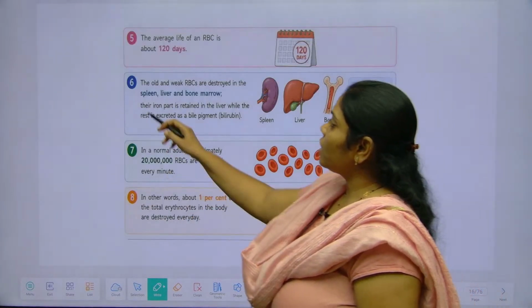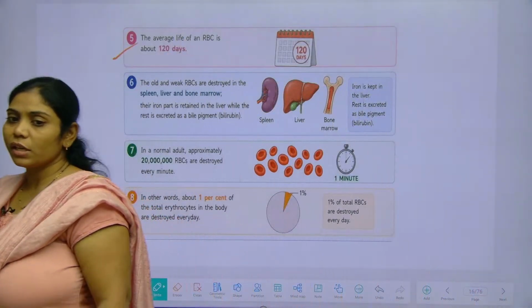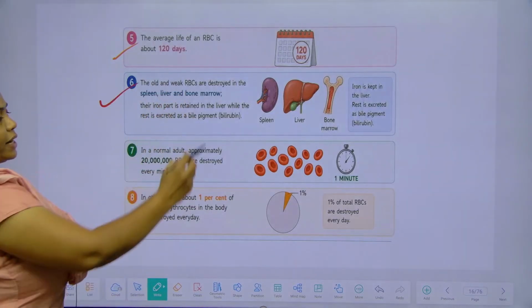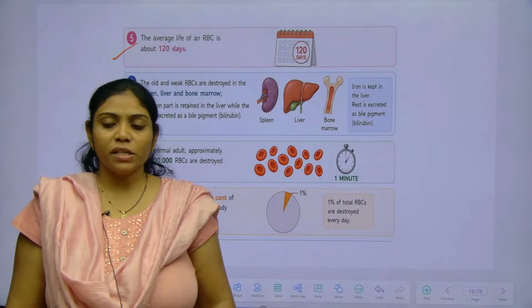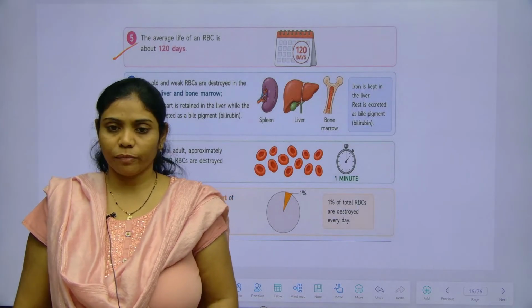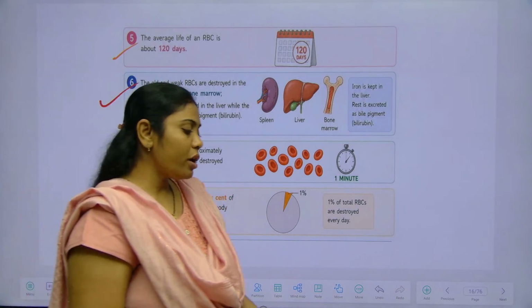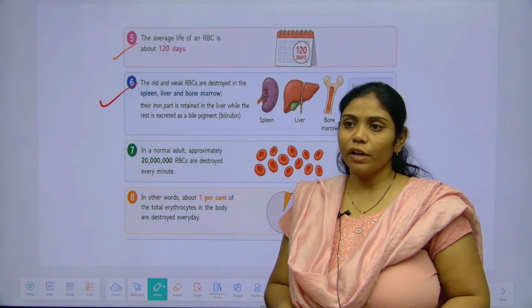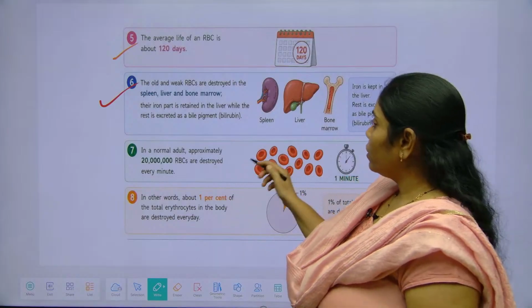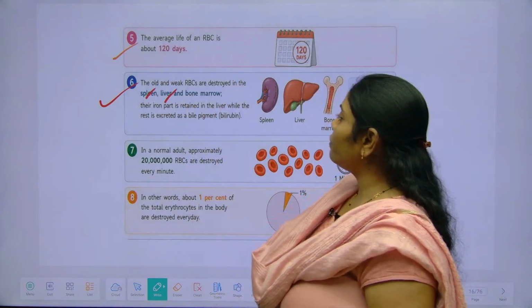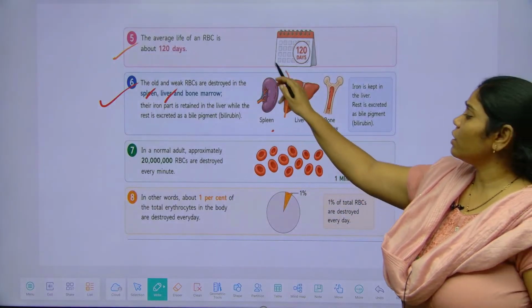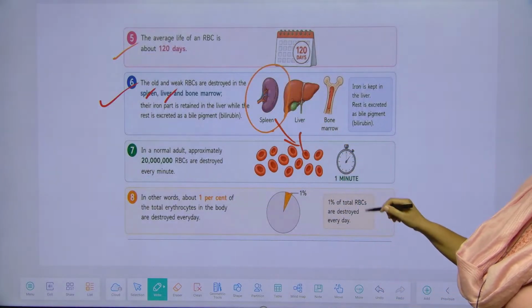Right. What is the lifespan of RBC? 120 days. After 120 days, the RBCs have to be destroyed. So these worn out or destroyed RBCs, where will they go? To the spleen and liver. So what is the spleen called?